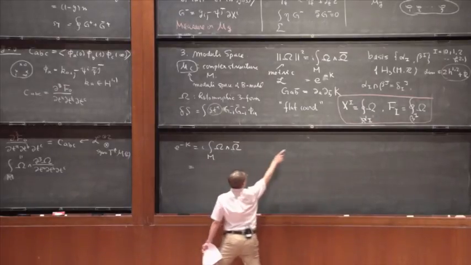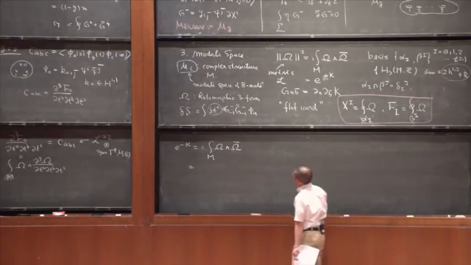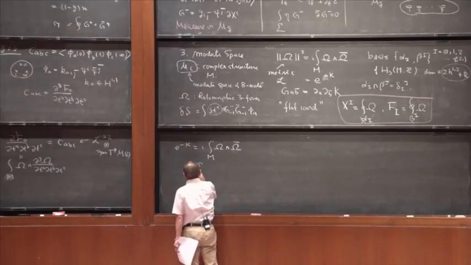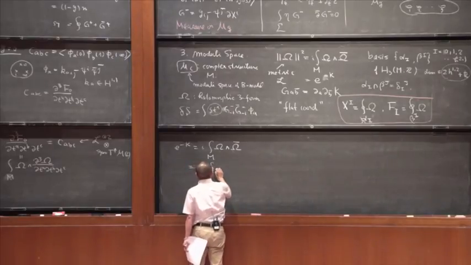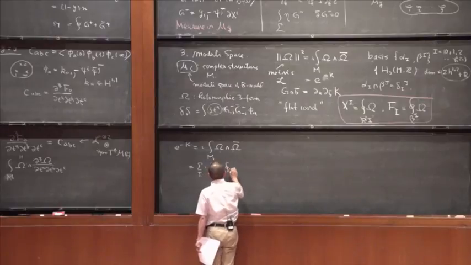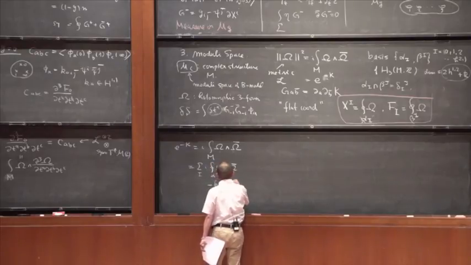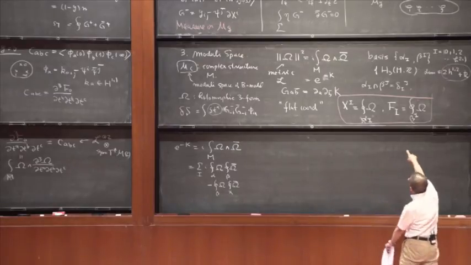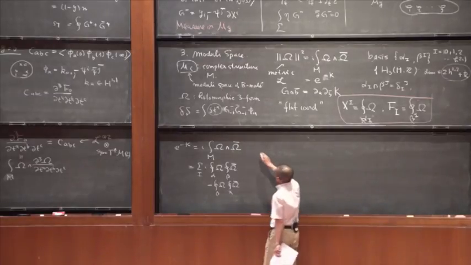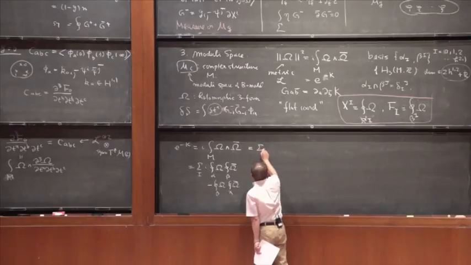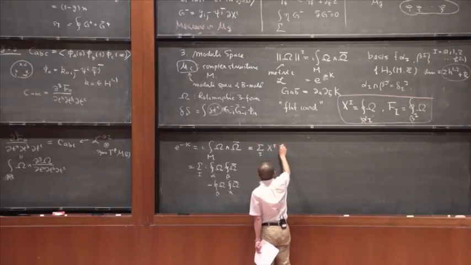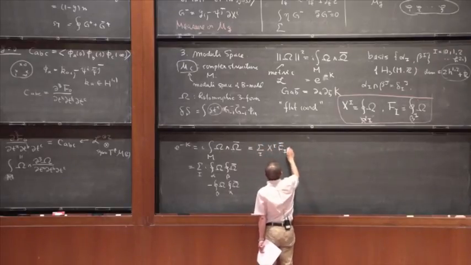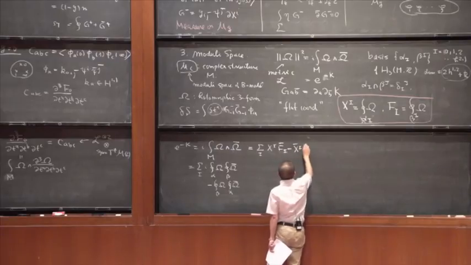So we have a basis for H3 over here. So we can write this as an integral of omega on the alpha cycle, omega bar on the beta cycle, minus omega on the beta cycle and omega bar on the alpha cycle. So if I use this definition of period integral explicitly, we can write this as xi fi bar minus xi bar fi.